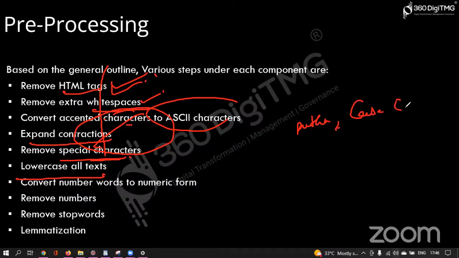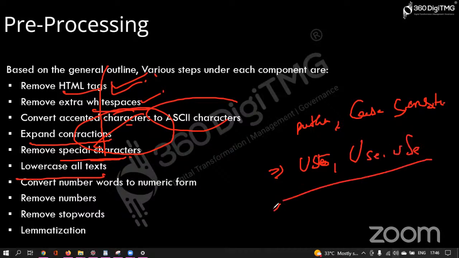And Python is case sensitive. If you write the same word with different capital and small letters, Python will take all of them as different, so it will give three words.